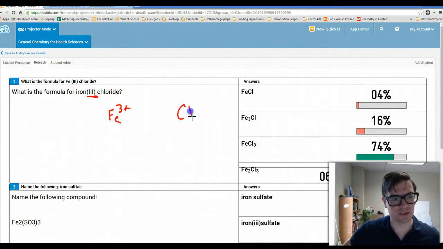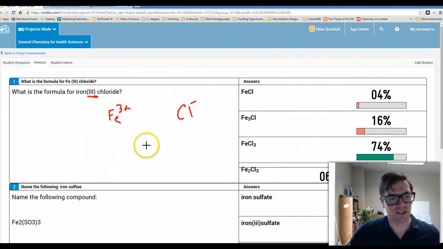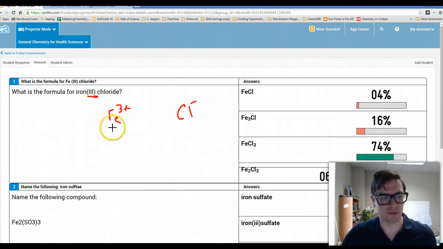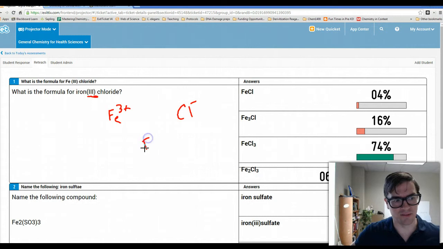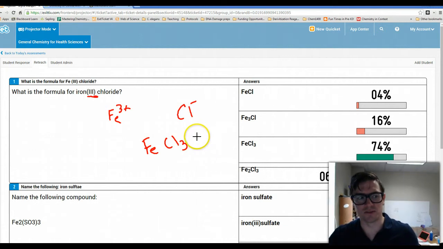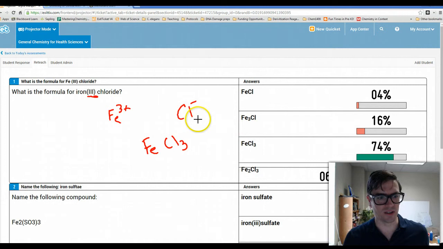And chloride, because of its position on the periodic table, always has a -1 charge. When you put these together, remember iron is our cation, chloride is our anion, we must have a neutral compound, and so that means we have 3 chlorides for every 1 iron. So now we have 3 negative charges, 3 positive charges, we're all good. Looks like about 75% of you got that one.